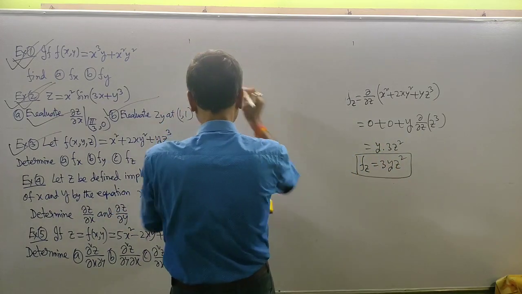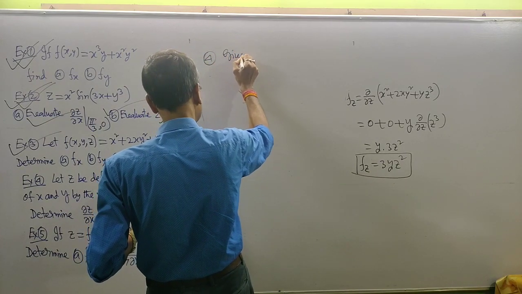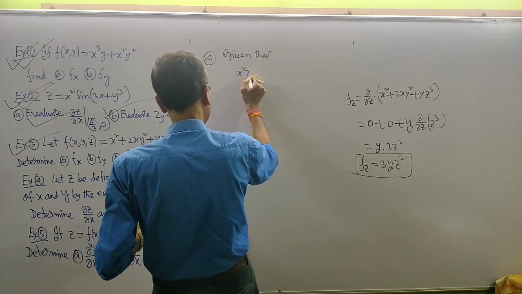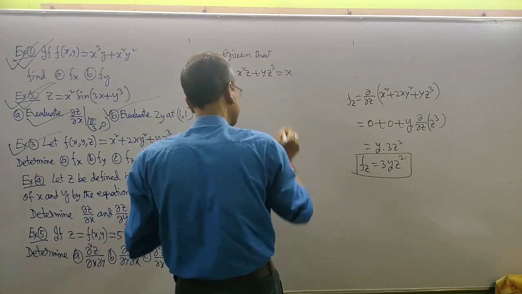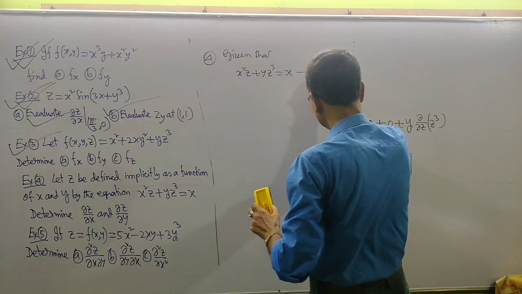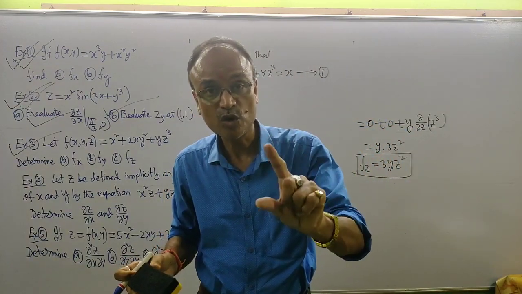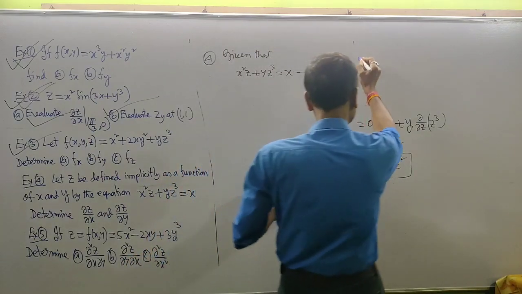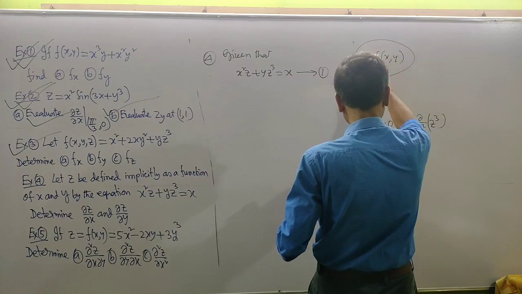Now, given x square z plus yz cube equal to x, you should treat z as a function of two independent variables x and y.